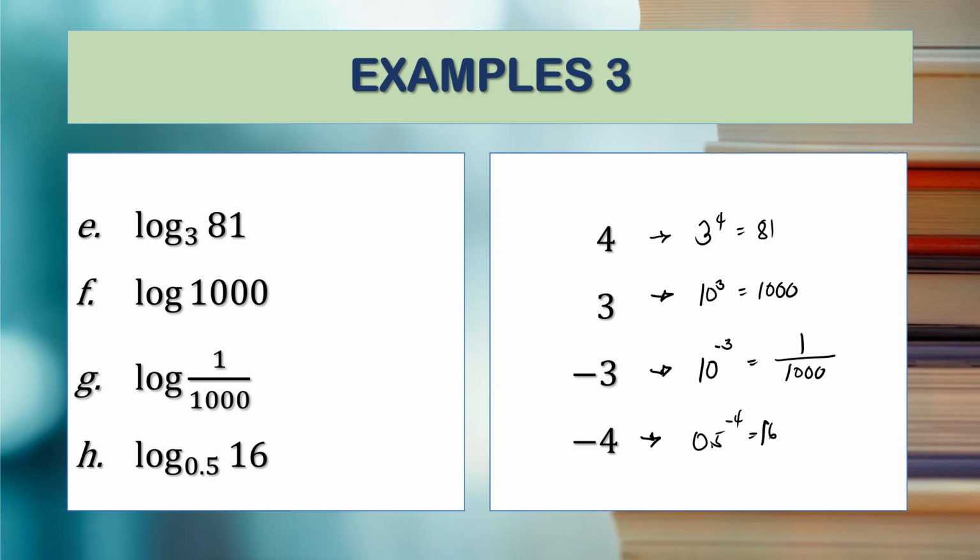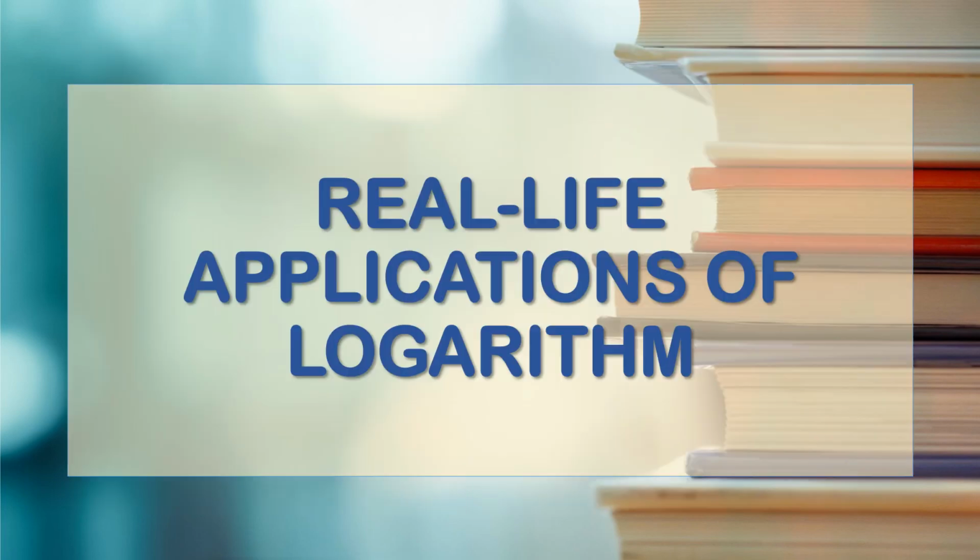So we can transform this decimal value 0.5 to fraction. The equivalent is 1/2 raised to -4 is equal to 16. Applying the rule of exponents, we have 2 raised to 4 is equal to 16. So that's it for the basics about exponential expression. Now we proceed with the real-life applications of logarithm.